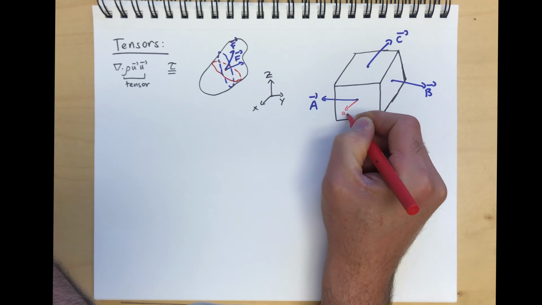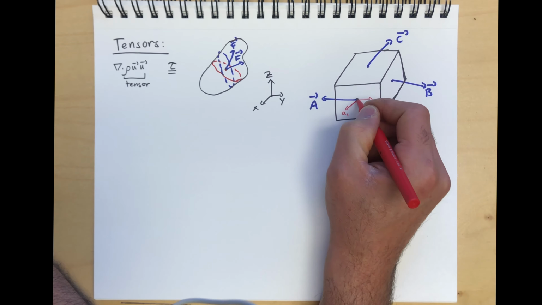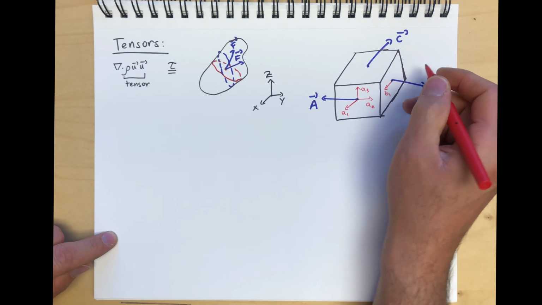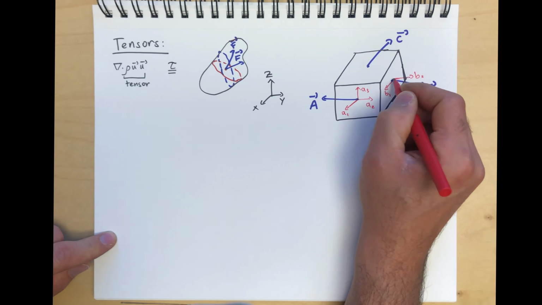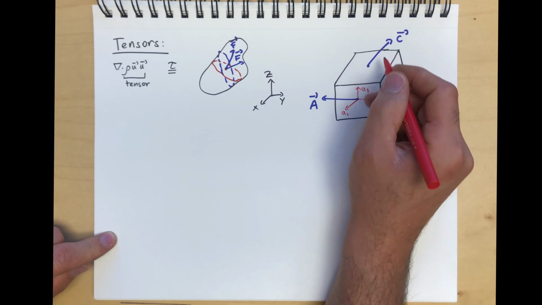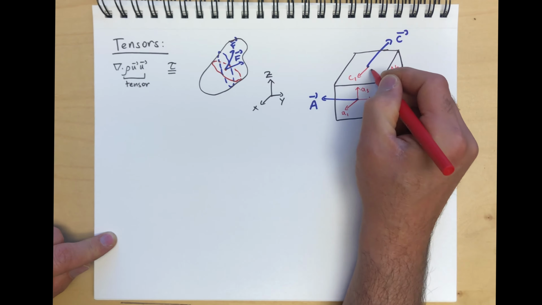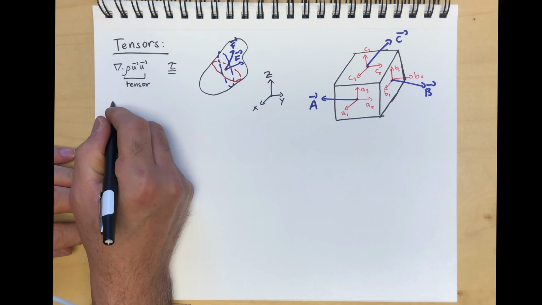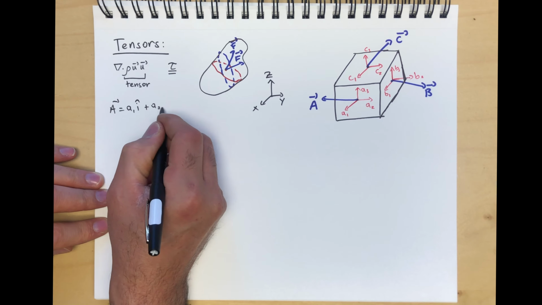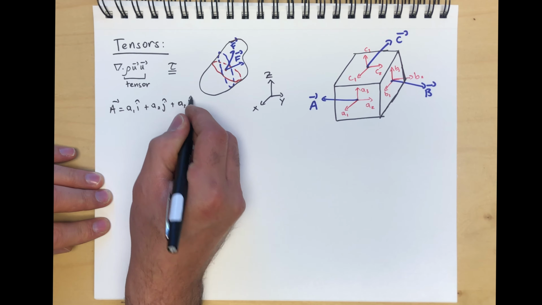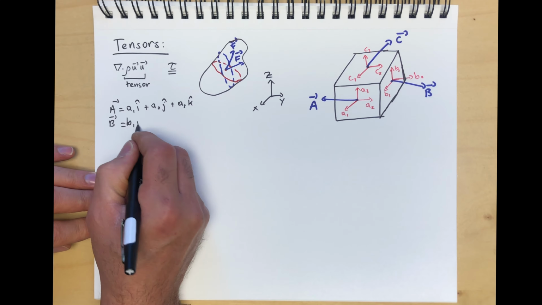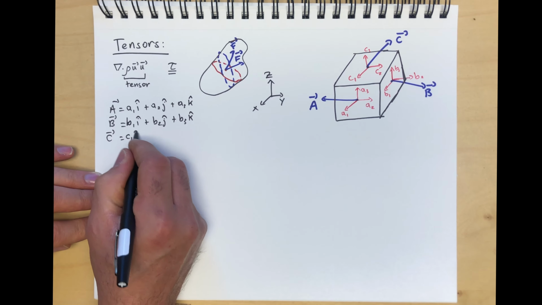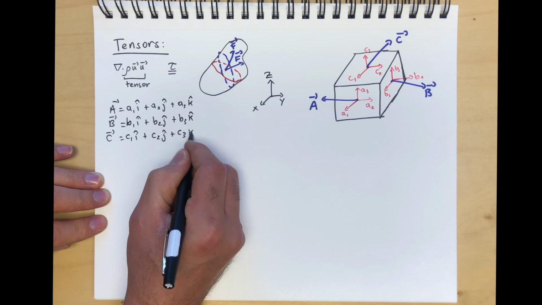We call these A1, A2, and A3, and same thing for B: B1, B2, B3, and for C: C1, C2, and C3. So A is simply A1 i plus A2 j plus A3 k, B is B1 i plus B2 j plus B3 k, and C is C1 i plus C2 j plus C3 k.